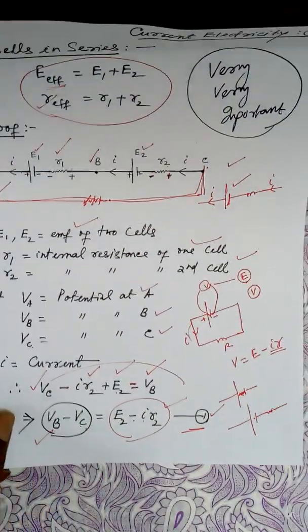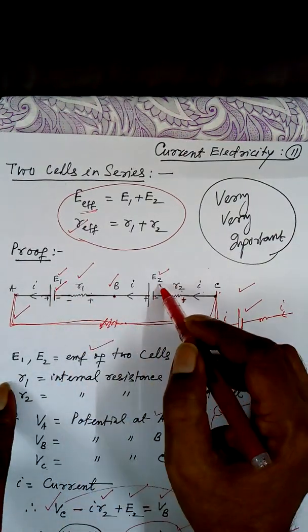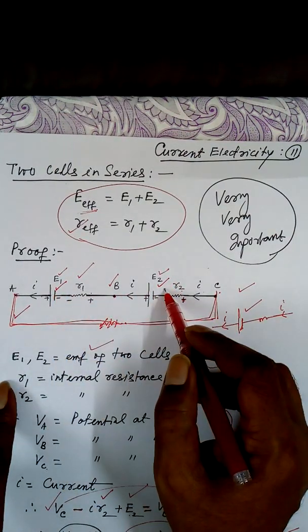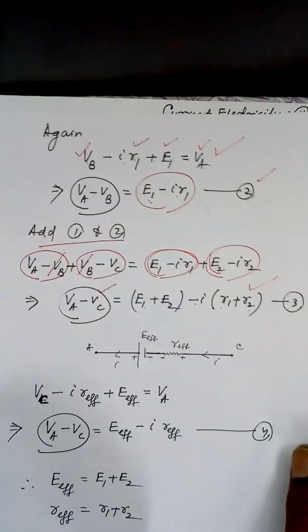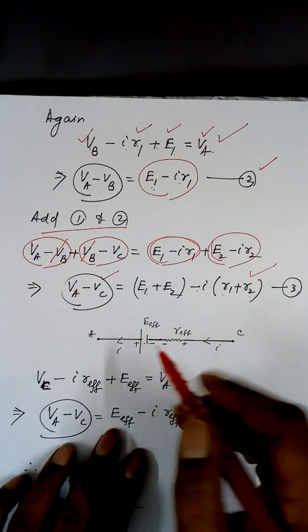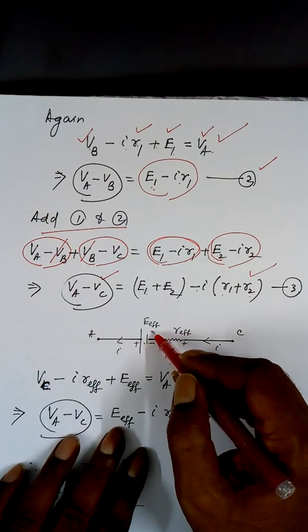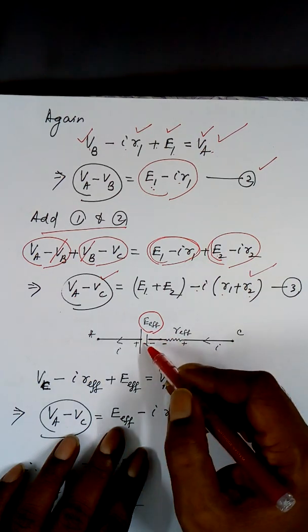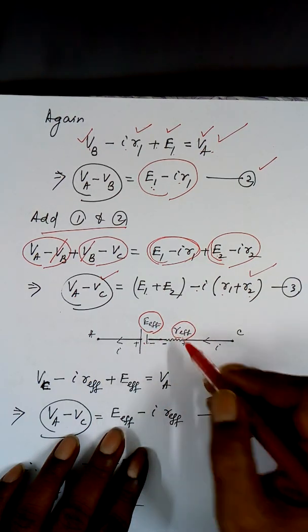Now I have drawn another diagram to explain it better. So I am replacing these two cells, E1 and E2, by a single cell whose EMF is, let it be E effective, and whose internal resistance, let it be R effective. We will find out these two.